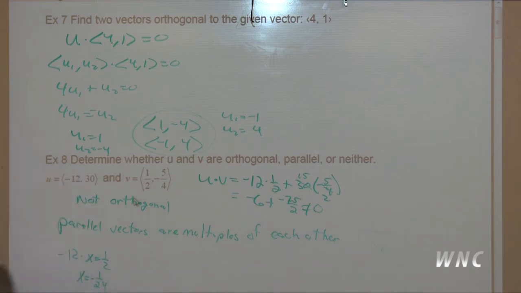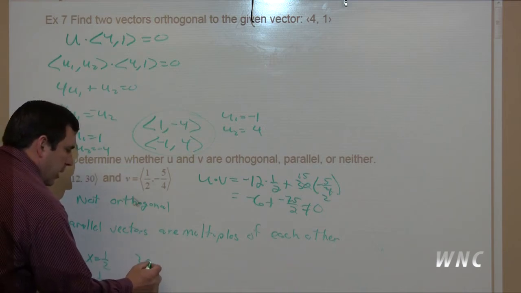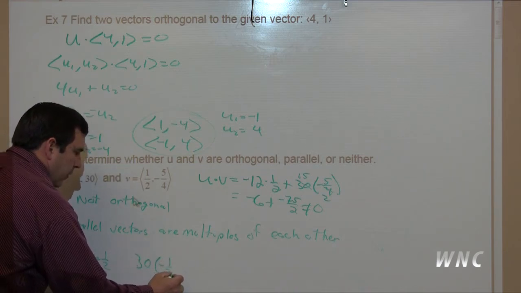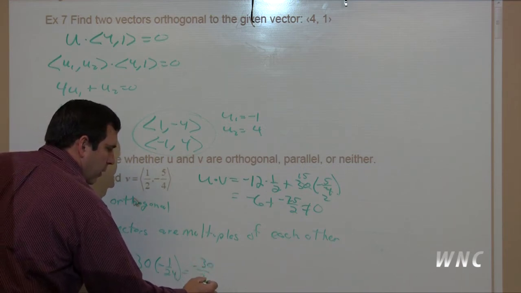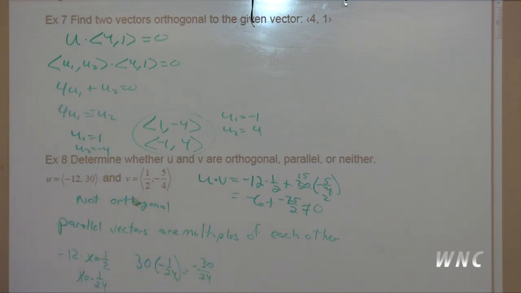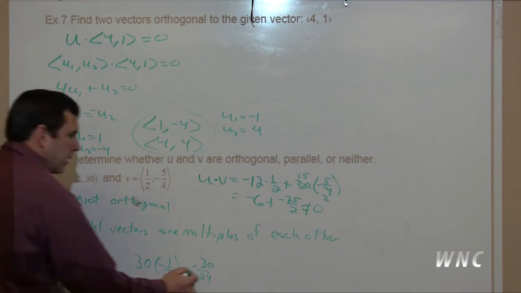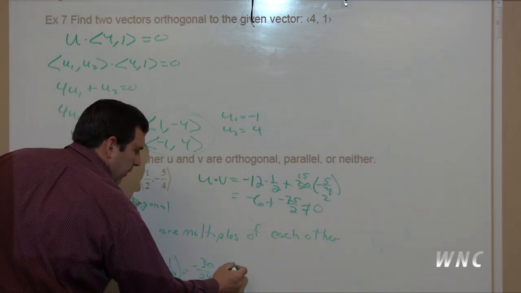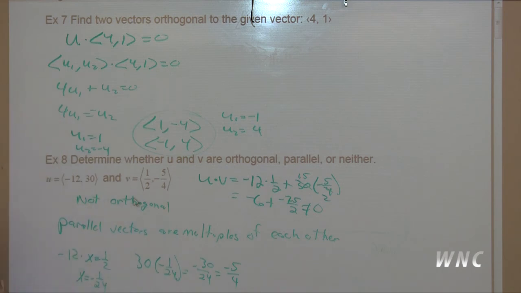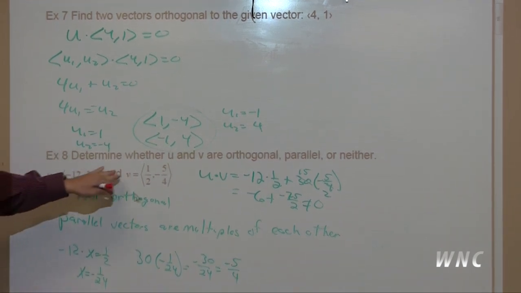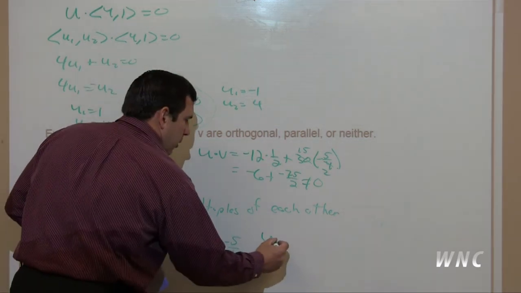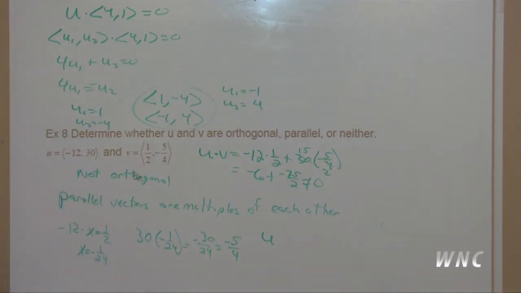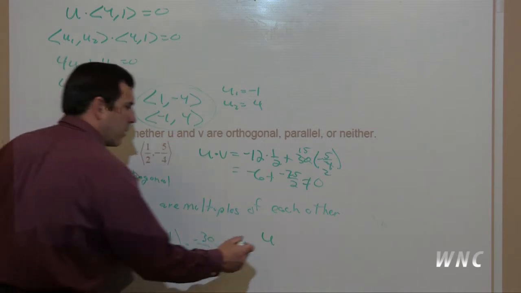So if I multiply 30 by that, 30 times negative 1 over 24, that's going to be negative 30 over 24. We can reduce that. If we divide out by 6 on top and bottom, we get negative 5 over 4. Hey, that worked out. So that means u is a multiple of v, or v is a multiple of u. Therefore, u and v are parallel.